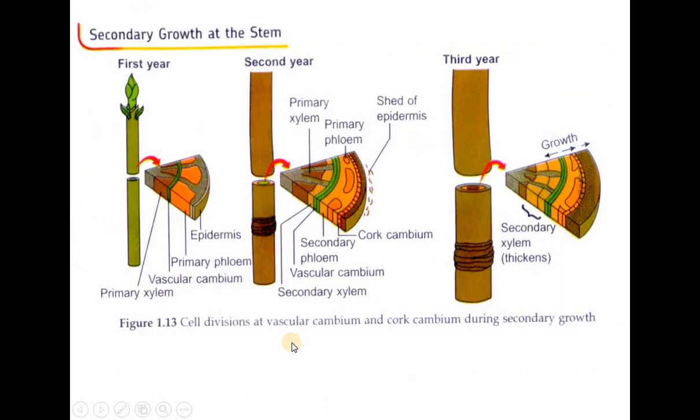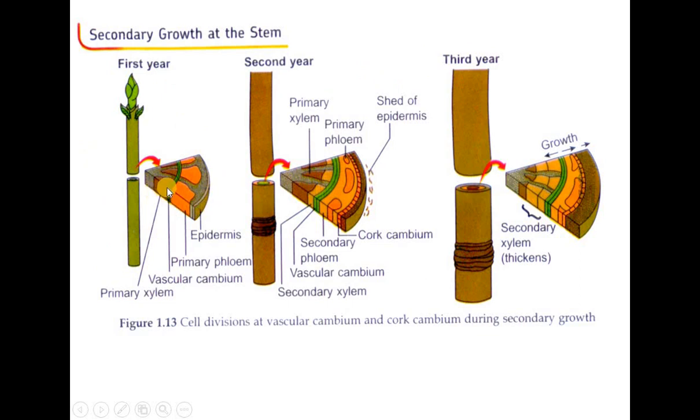Now we want to discuss the secondary growth that occurs at the stem. Basically this is the structure. This diagram shows how secondary growth occurs at the stem, in the first year, second year, and third year. We go to the first year first. This is the cross section of the stem.